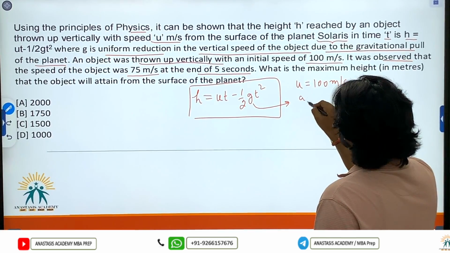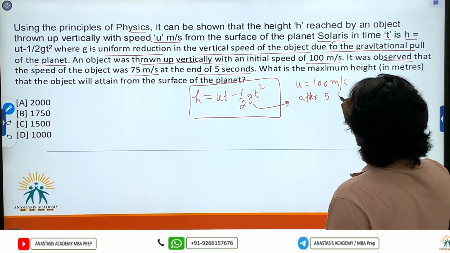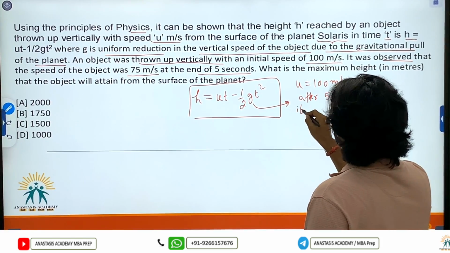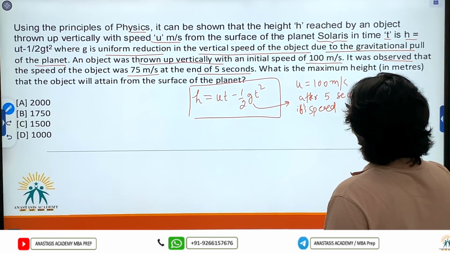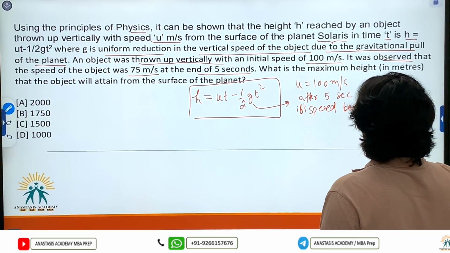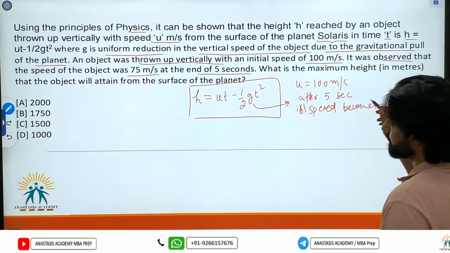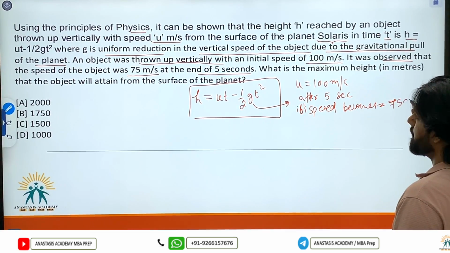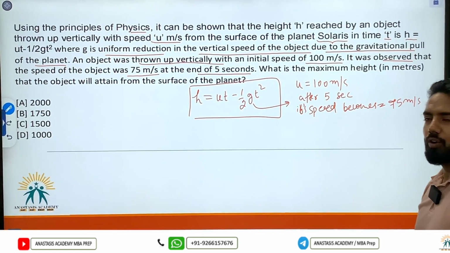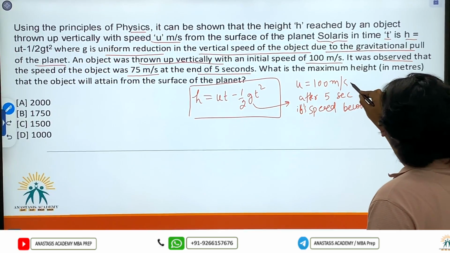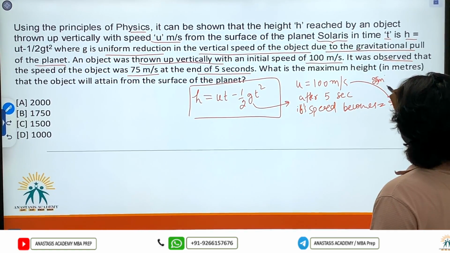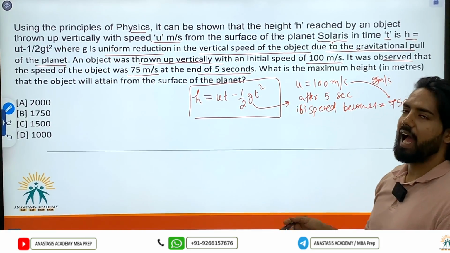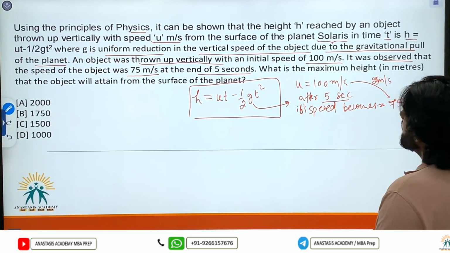So we can say 25 meter per second of speed has reduced in 5 seconds of time.